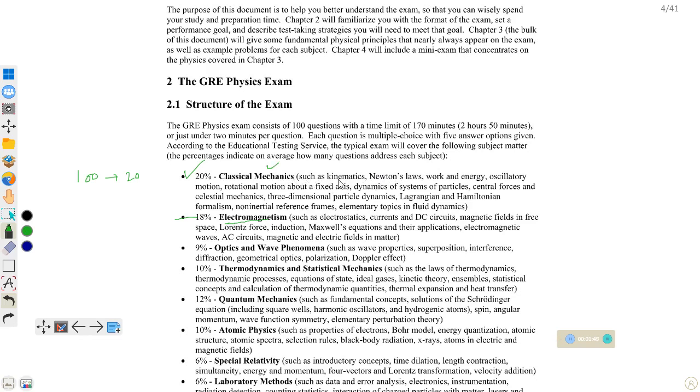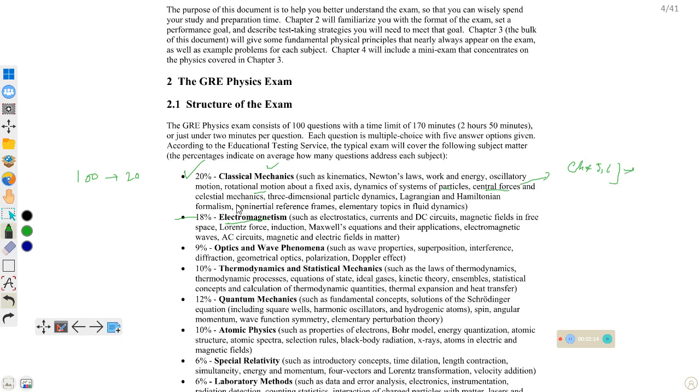Some topics are written in front of this. Classical mechanics contains kinematics, Newton's laws, work and energy, oscillatory motion, rotational motion, the moment of inertia, and various dynamics of systems of particles, central force systems. For example, Kepler's law is in chapters 5 and 6 of the Marion book.